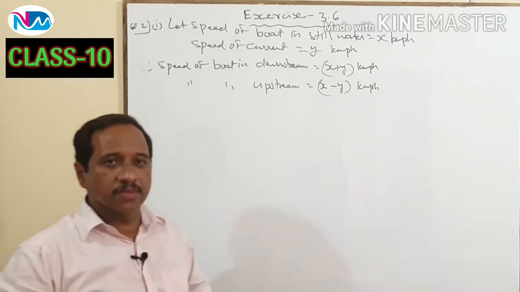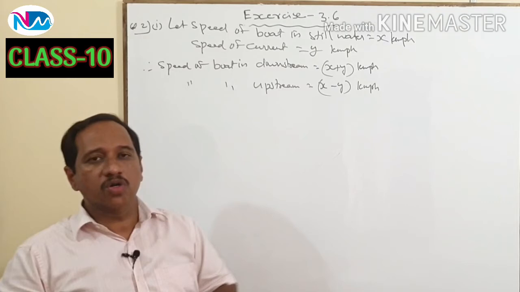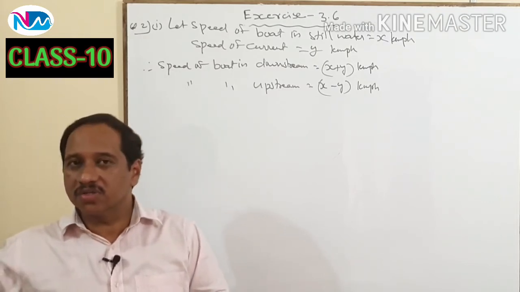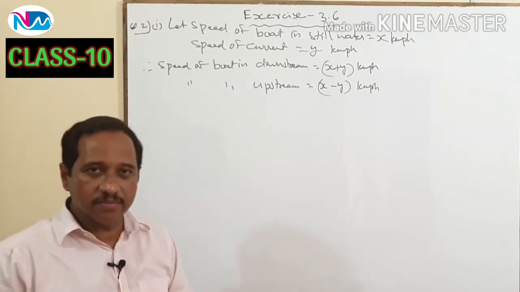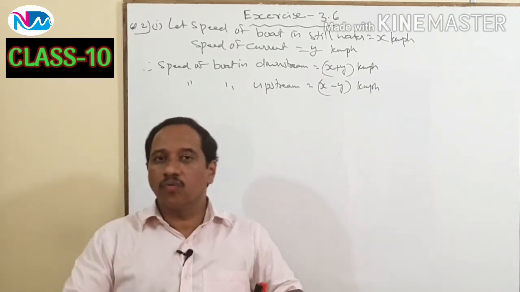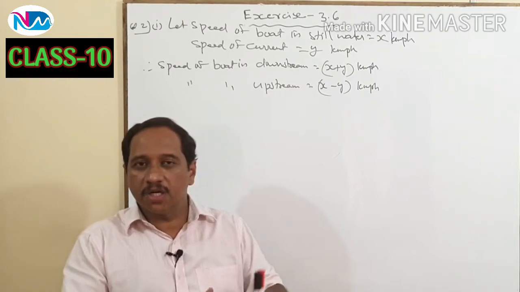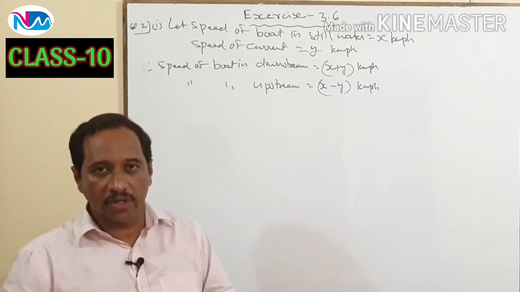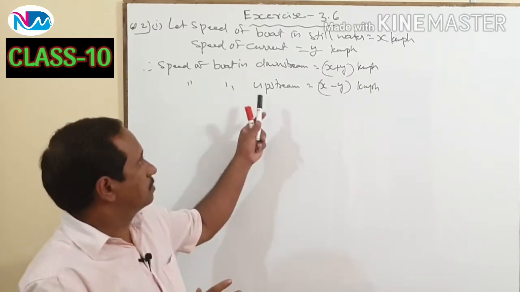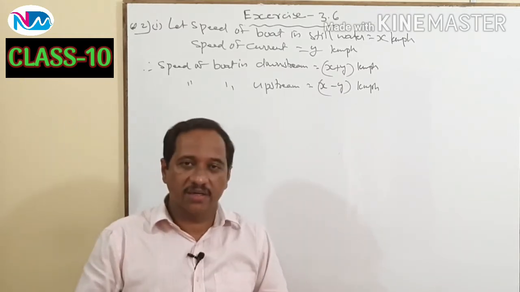In downstream, the speed of the boat will be increased due to the support of the flowing water, but in upstream it is against the flow of water, so the original speed of the boat will be reduced due to the opposing force of the flowing water, so the speed in upstream will be x minus y.